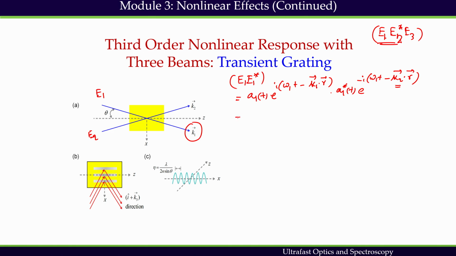Now if we simplify this, we get the modulus of A1 squared multiplied by e to the power i, and this omega 1 cancels out, so I get only minus (K1 plus K2) dot r. This omega 1 cancels out because there is a negative sign here and a positive sign here.